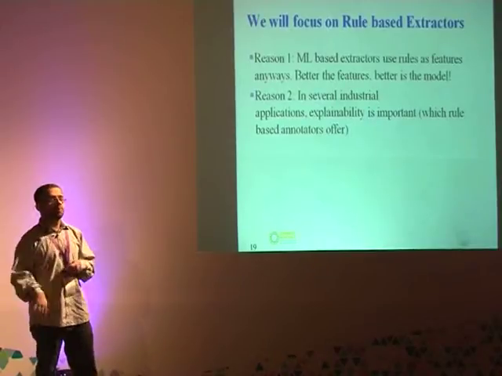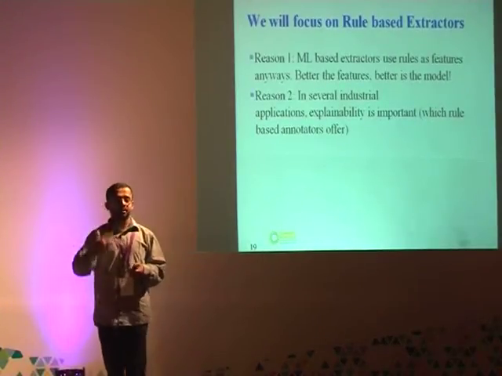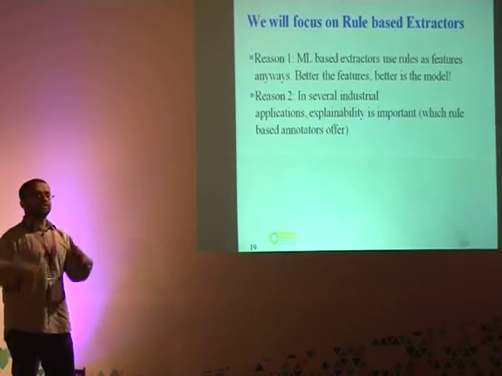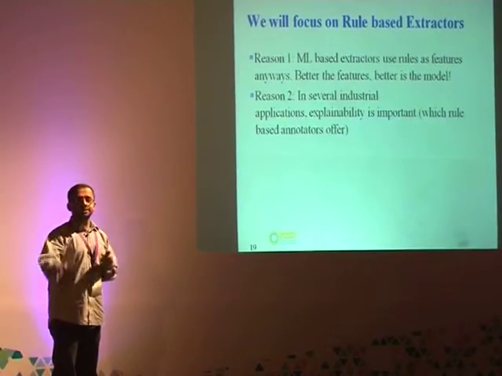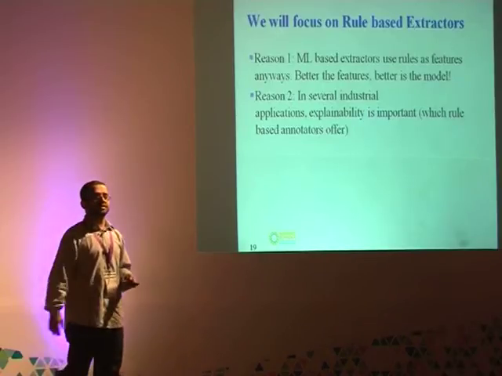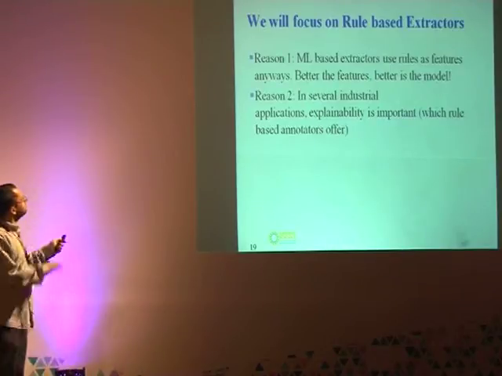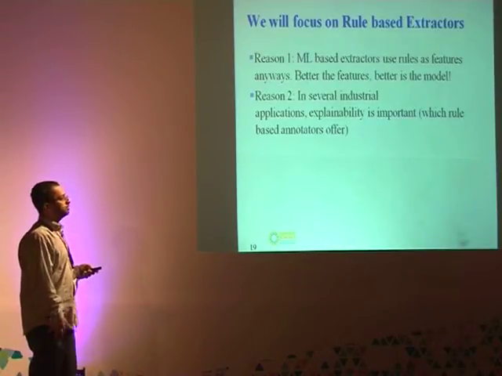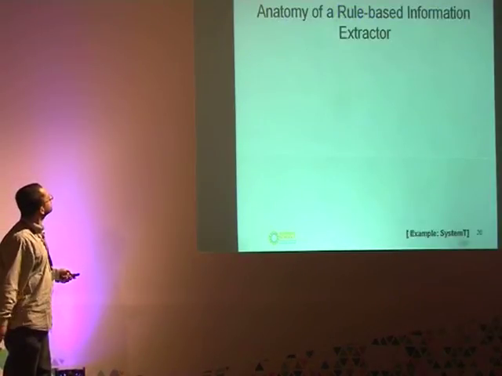If you were to debug a piece of code, you would like to look at the stack trace. The stack trace, so to speak, would be the trellis for a hidden Markov model, which is often difficult to make sense of. On the other hand, for rule-based annotators, that explainability is easier. So for these two reasons, I'll focus on rule-based extractors for, I would say, the next half an hour.